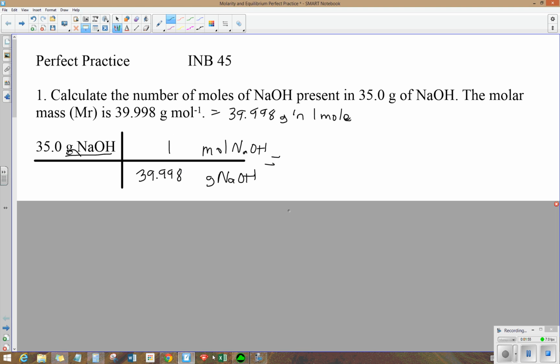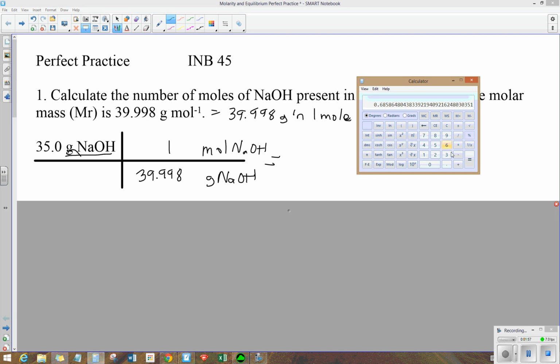And then going over to our calculator, clear this out, we're going to put in the 35.0 divided by 39.998. And we're given this long decimal. Looking at the number, I have 3 significant figures, so I want 3 significant figures in my answer.